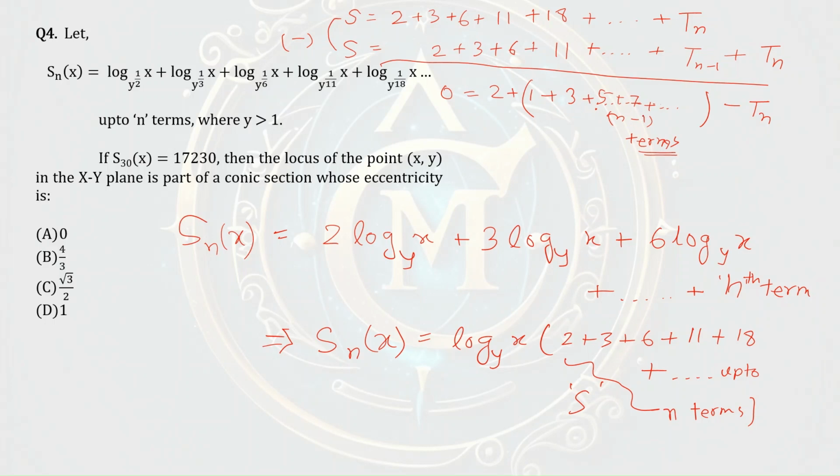Here it is the summation of n minus 1 odd integers starting from 1. So this will be 2 plus n minus 1 whole square. So we can write Tn as 2 plus n minus 1 whole square. This is the nth term of this S.